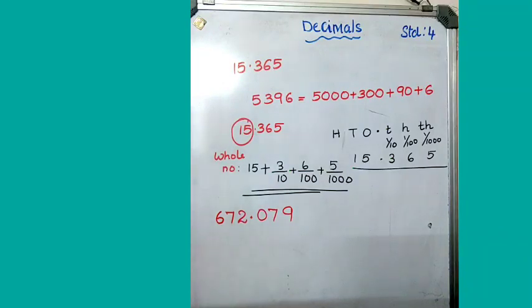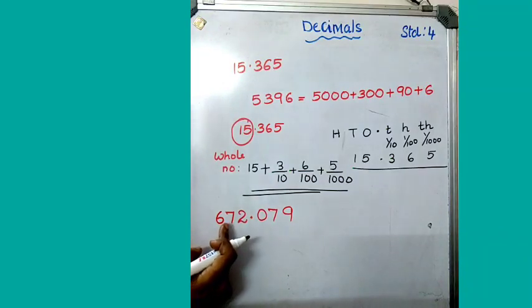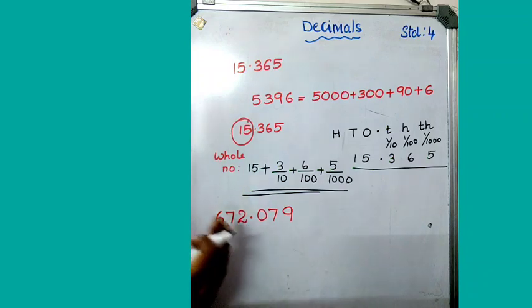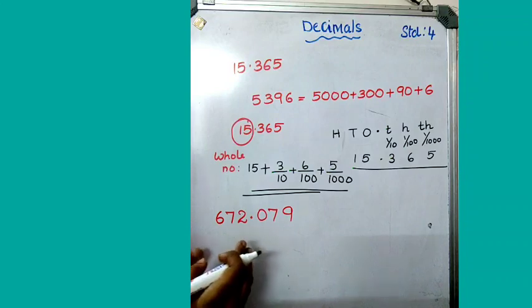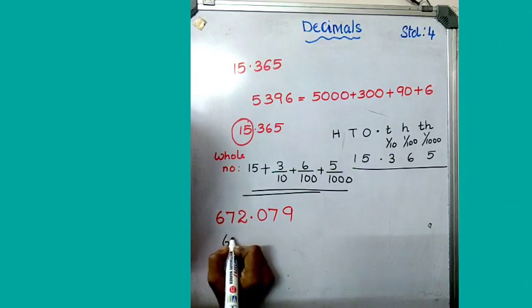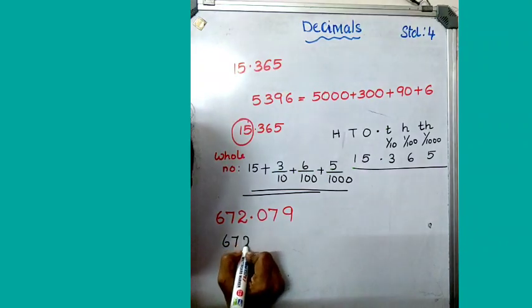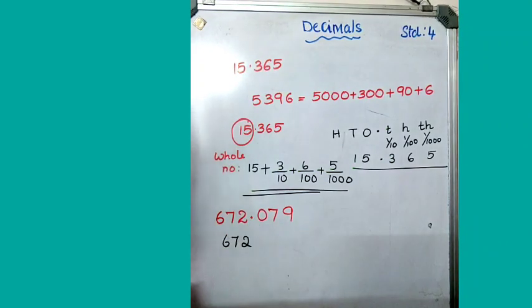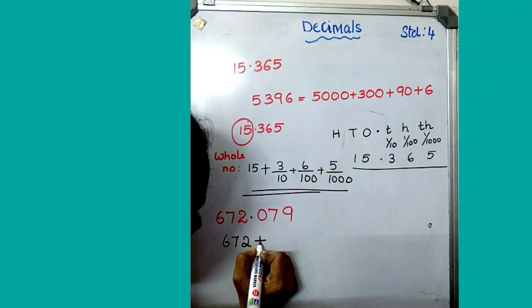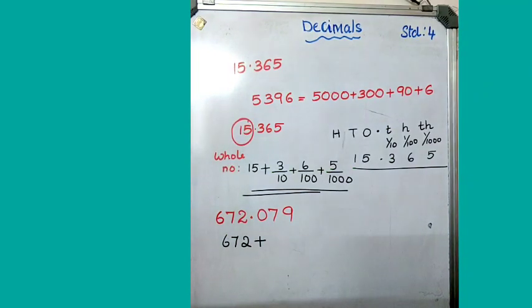How will you expand this whole number? 600 plus 70 plus 2. That you already know, so never need of expanding this number. You can write this number as the whole, 672. For the point, instead of the point, we put the symbol plus, because we are adding these decimal numbers to this whole number.